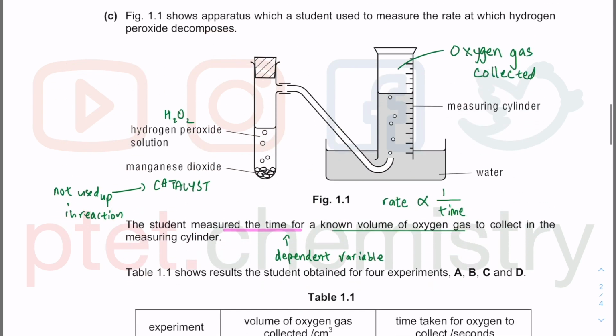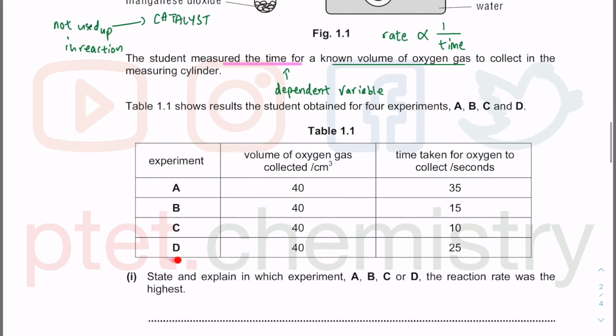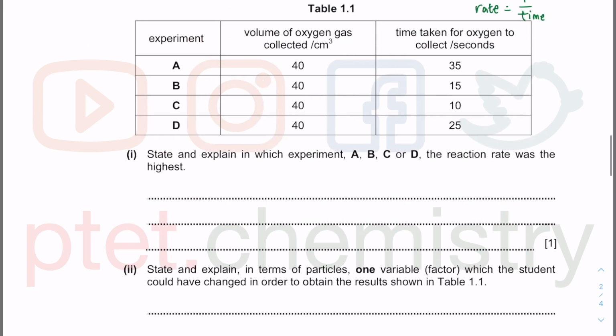We are not told. There are 4 experiments so far, and the volume of oxygen gas collected is 40. The time taken to collect this volume is stated there. So of course you can relate that to rate: rate is 1/time.